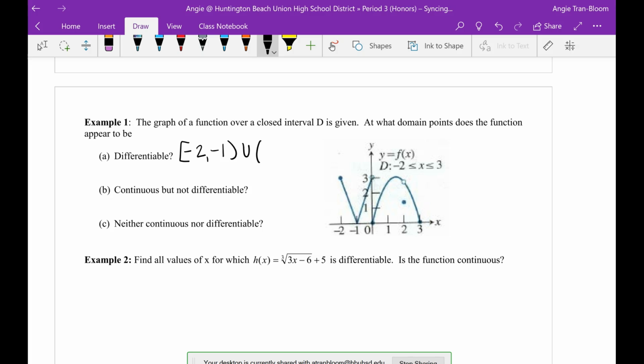Union that with -1 to what? 0. What do you do? Isn't it that at 0 there's a discontinuity? Yeah. So right away at 0 there's not what? Differentiable, right? Yes. Union that with 0 to 2. What's going on at 2? It's a removable discontinuity, right? Okay.